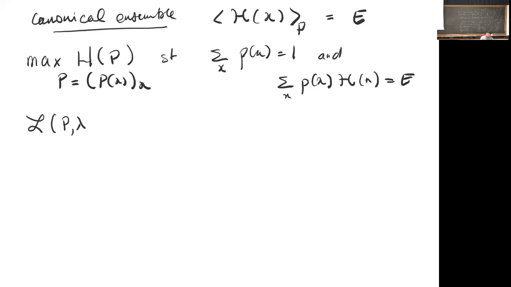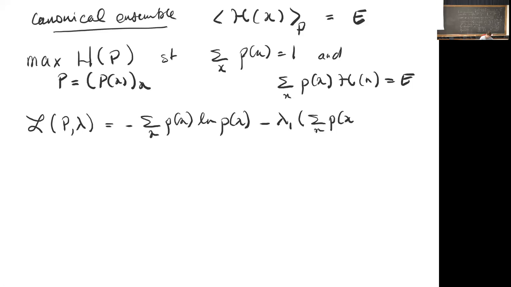Now the lambda is a vector. I have two Lagrange multipliers. So it is the entropy, we have a first Lagrange multiplier for our normalization constraint, and we have a second Lagrange multiplier for our average energy constraint.